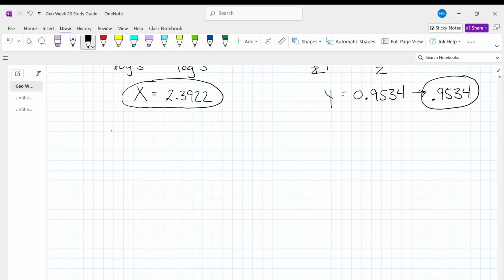Let's look at 20 raised to the 2x plus 2 power equals 140. We're going to write it in log form. So 2x plus 2 log 20 is equal to log 140.